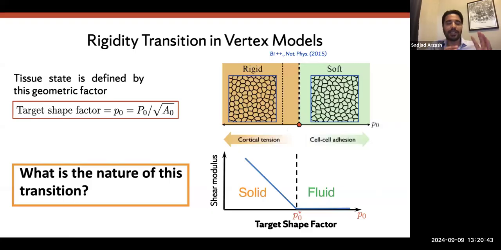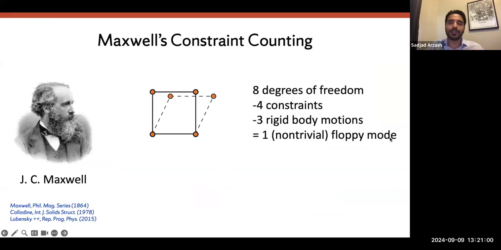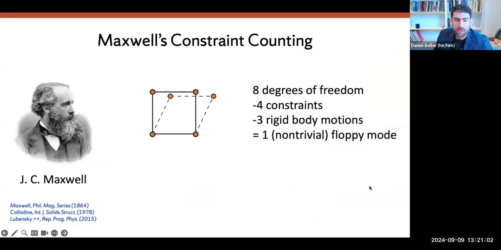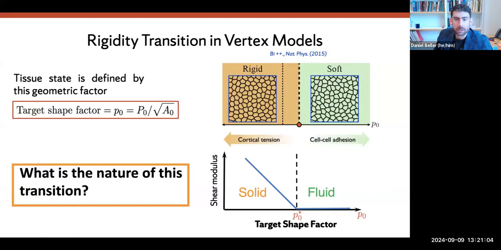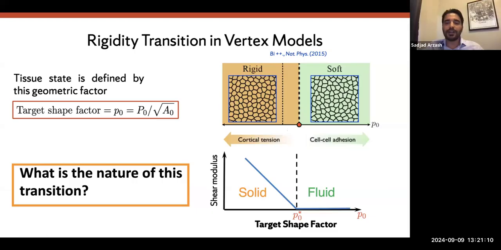To explain the effect of these adaptive degrees of freedom on this rigidity transition, I would like to also quickly explain why we have this rigidity transition in these tissue models. Sorry, can I ask real quick, this number 3.9, is that true across multiple systems or for a particular system? This is true across multiple different systems.